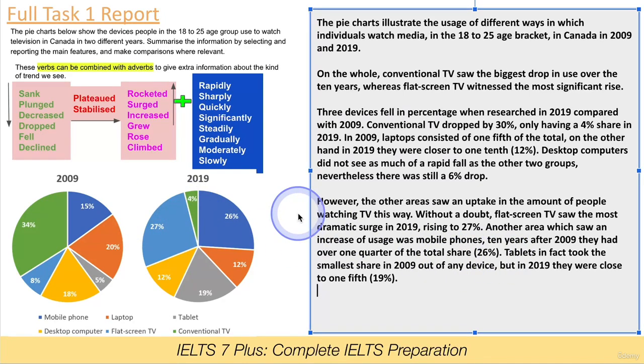Tablets, in fact, took the smallest share in 2009 out of any device. But in 2019, they were close to 1/5, 19%.